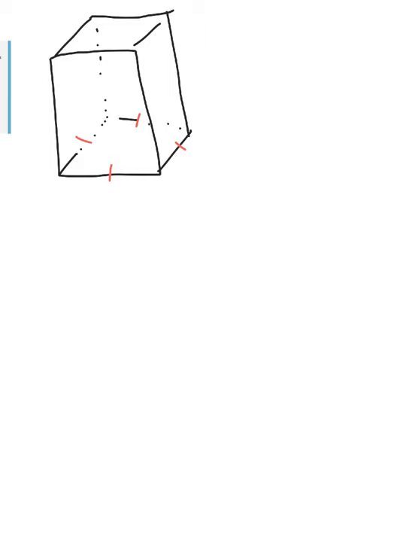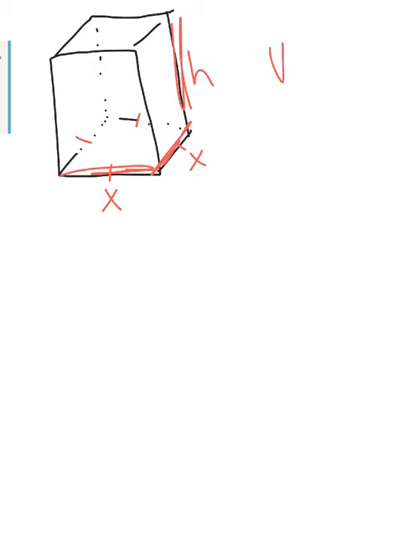I don't know what this length is for the square, but I'm just going to call it X. Okay? And I'm just going to call this height from my box H. And that's pretty much it, right? My length would be here, my width would be here, and my height would be here. Those are the three dimensions.